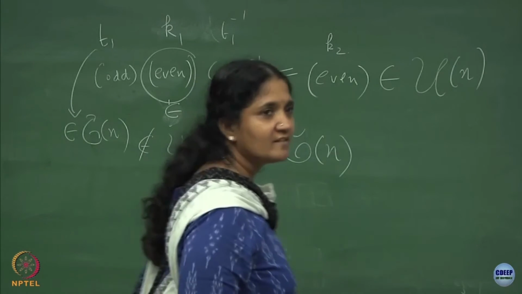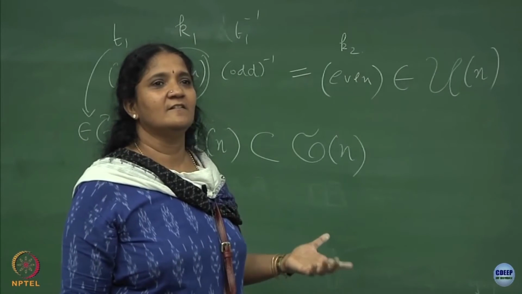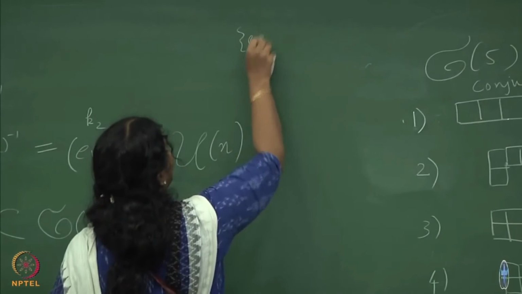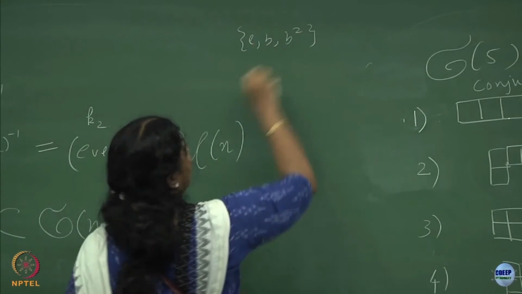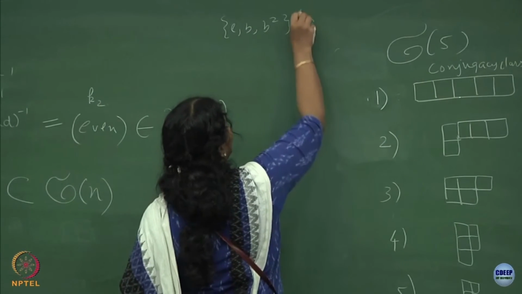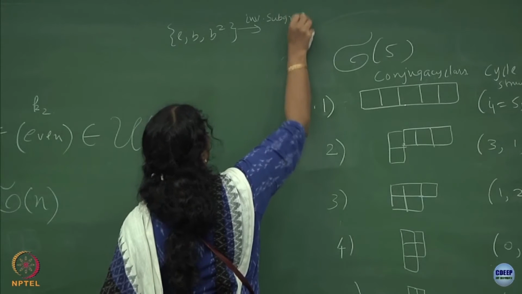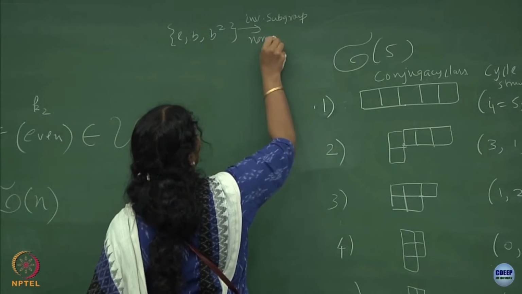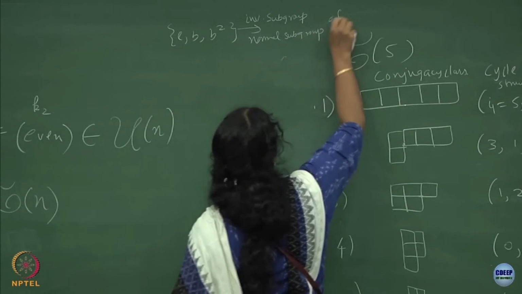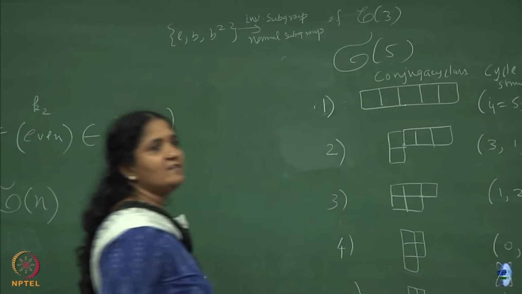We did all this exercise, and we also know this was an invariant subgroup, or a normal subgroup, of the symmetric group of degree 3, right.